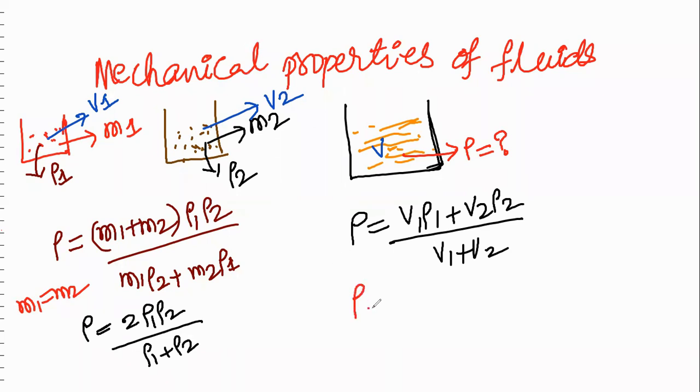Here, rho is equal to (V1 rho 1 plus V2 rho 2) divided by (V1 plus V2). If the volumes are the same, V1 is equal to V2, then what will we write? Rho is equal to (rho 1 plus rho 2) divided by 2.